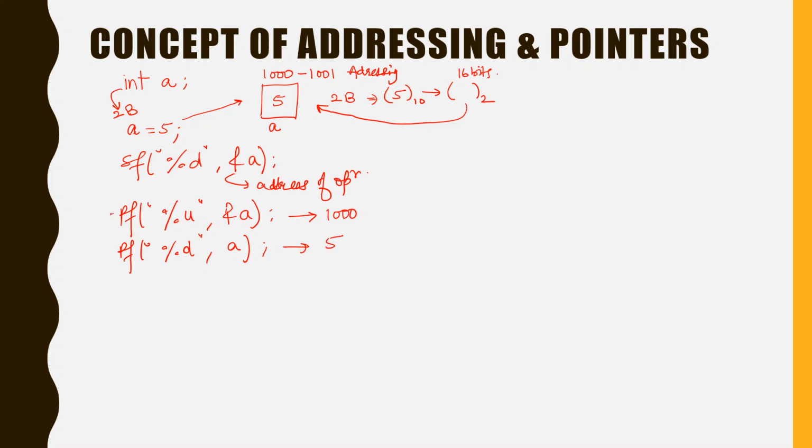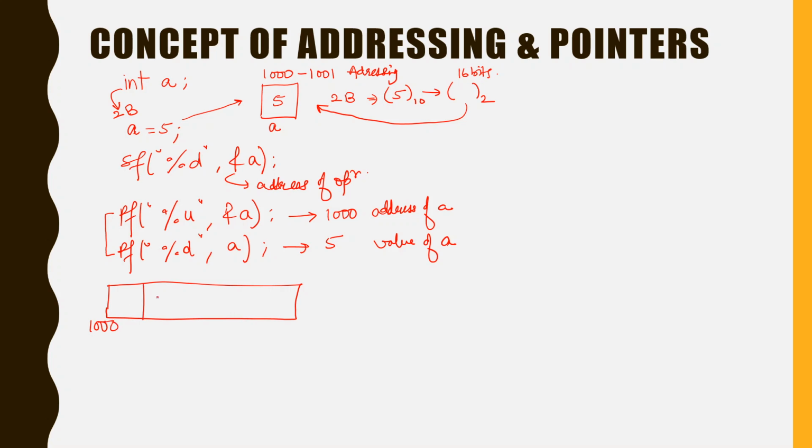First of all, we have to understand the difference between these two notations. This notation is the address of a, and this notation is the value of a. These two important notations are to be remembered. For addressing of arrays, the array starts from a base address.